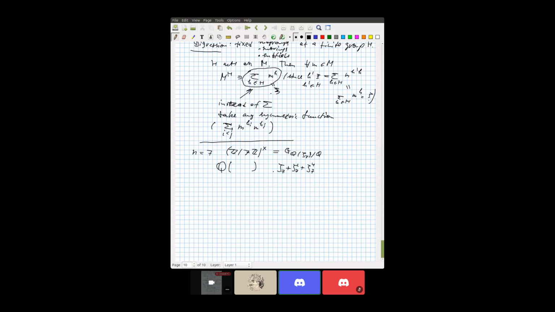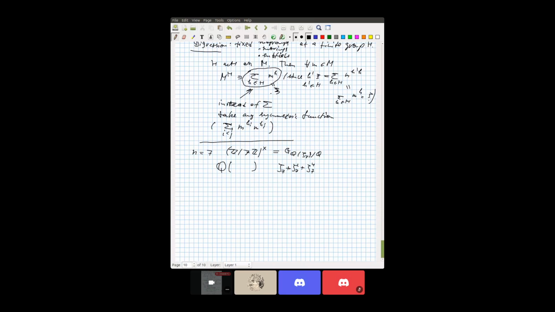No, I don't understand. This element or something else? How did you get this? Where does this element come from?